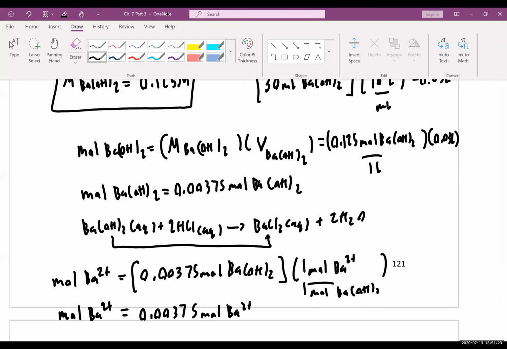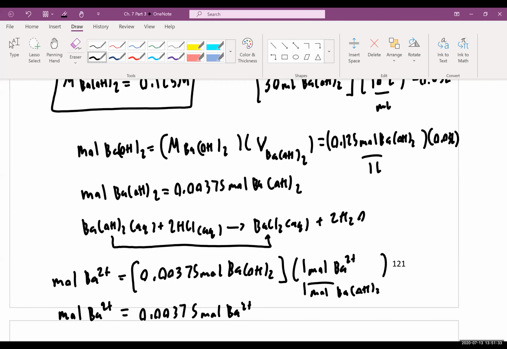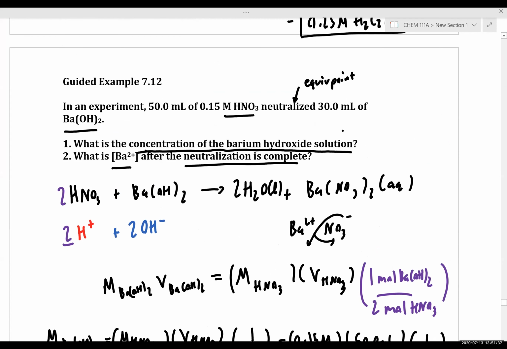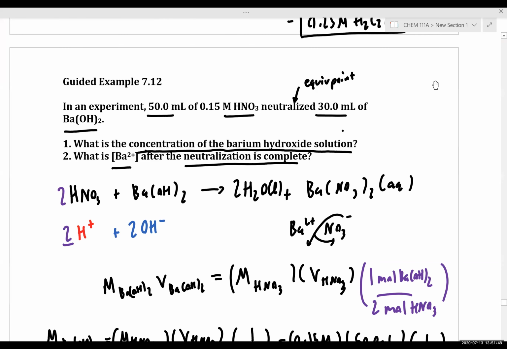Now what we have to do is read through our chemical equation description, and we see that we combined 50 mils of nitric acid with 30 mils of barium hydroxide.